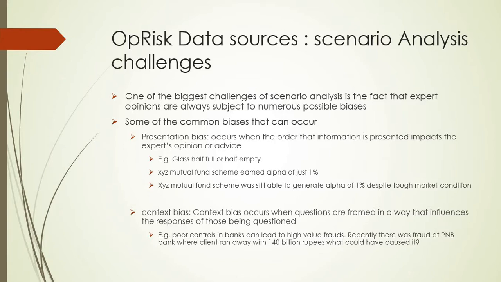So it gives an impression that the mutual fund scheme was not doing well. Then the second way of presenting it is, the mutual fund scheme was still able to generate alpha of 1%. Then it makes you think, despite tough market conditions, it generated 1%. So XYZ mutual fund scheme earned alpha of just 1% versus XYZ mutual fund scheme was still able to generate alpha of 1%.